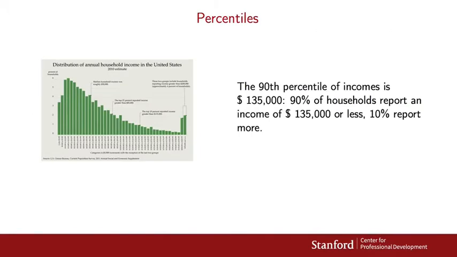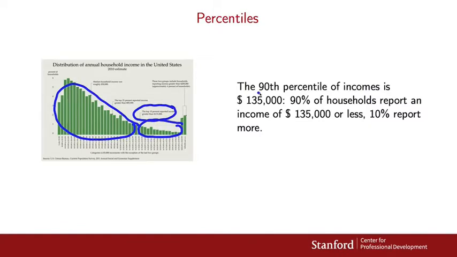Let's go back to the histogram of annual household incomes. It says that the top 10% reported an income of $135,000. That means that 90% of households had incomes of less than $135,000 and 10% had incomes above $135,000.